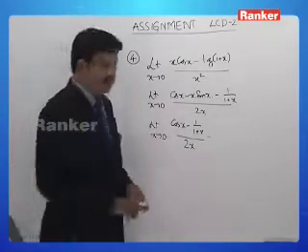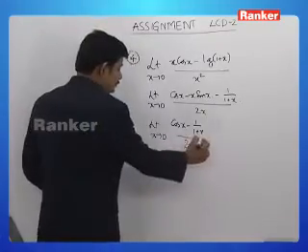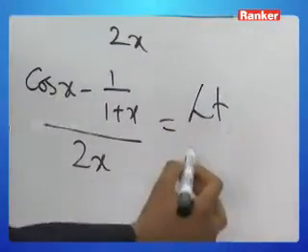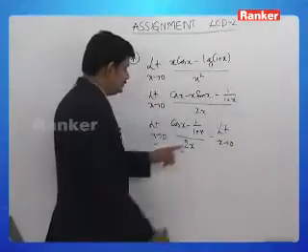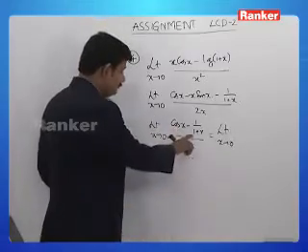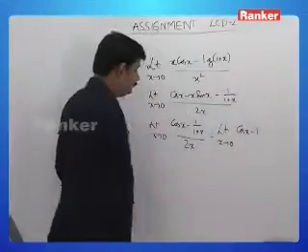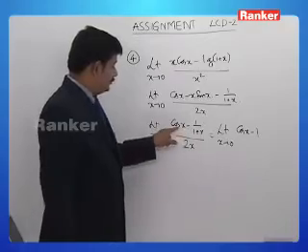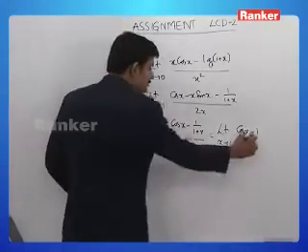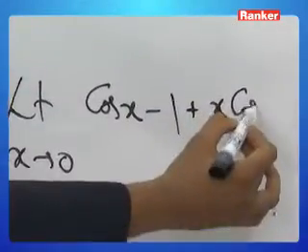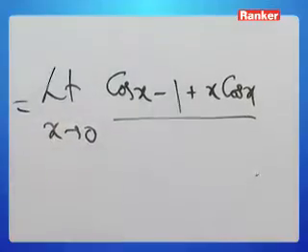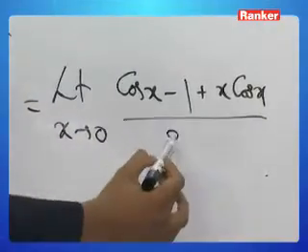Now let us evaluate the next part. This limit we can write as the limit as x tends to 0, take LCM, cos x minus 1 plus x cos x divided by 2x.